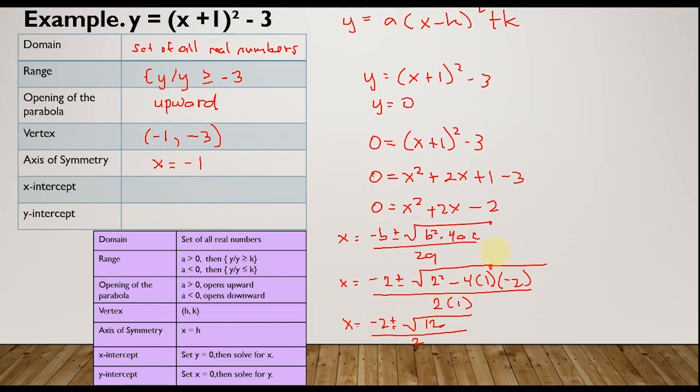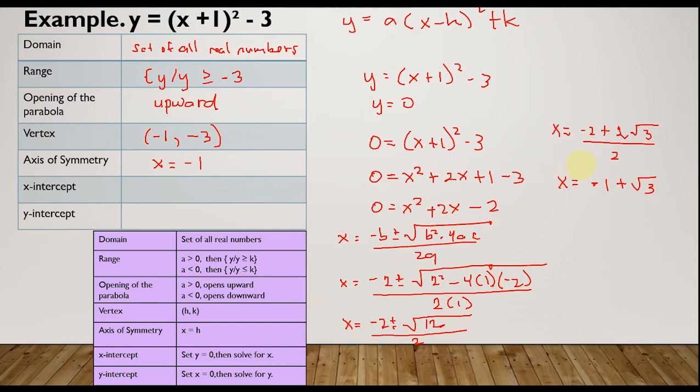Now simplifying this one, we can have x equals negative 2 plus or minus 2 square root of 3 all over 2. And you can still have negative 1 plus or minus square root of 3.